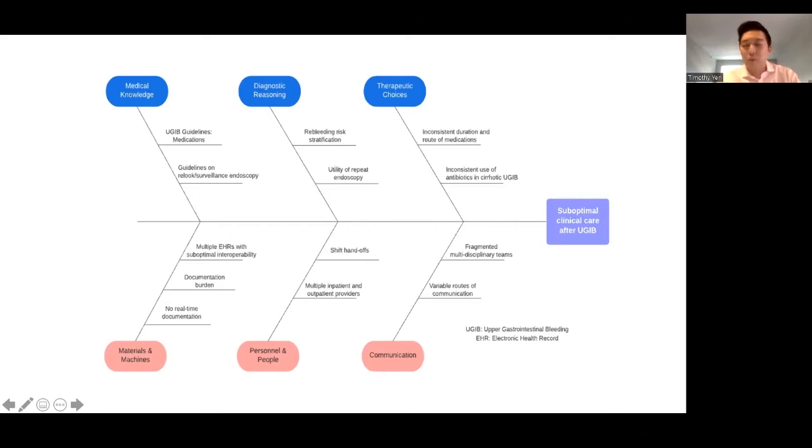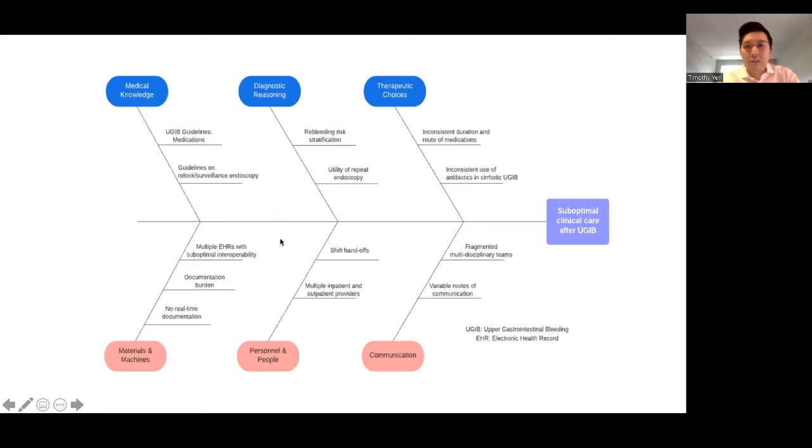In addition to just multidisciplinary teams, there's also variable rates of communication. One is through the electronic health record, and that includes consult notes as well as the procedure report itself. Once we sign it in Provation, it actually goes and gets uploaded to the procedures tab of Epic, as well as a variety of ways to communicate directly, whether that's secure messaging or page or verbal.